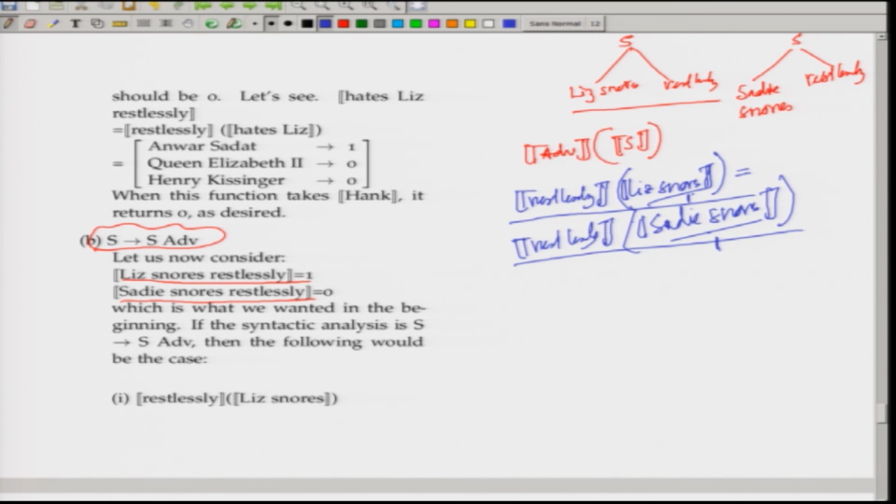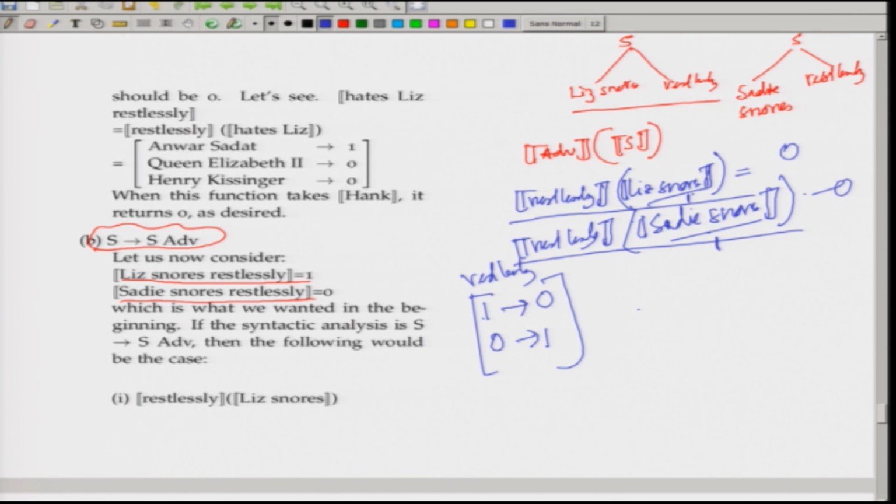Suppose the structure of restlessly were 1 goes to 0 and 0 goes to 1. Suppose this was restlessly. In this case, it will take 1 and would yield 0 in both cases, meaning that it is not true that Liz snores restlessly, and it is not true that Sadie snores restlessly, because the first sentence is wrong.